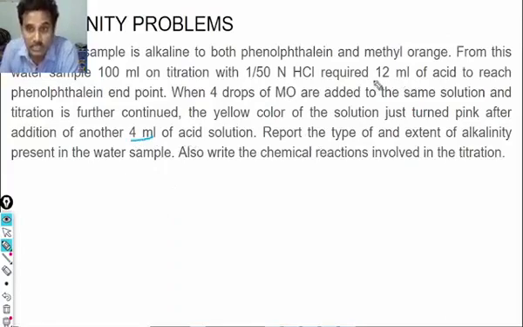Methyl orange alkalinity is nothing but total alkalinity, so 12 plus 4, that is 16 ml is required.